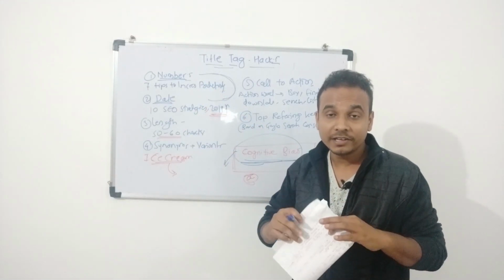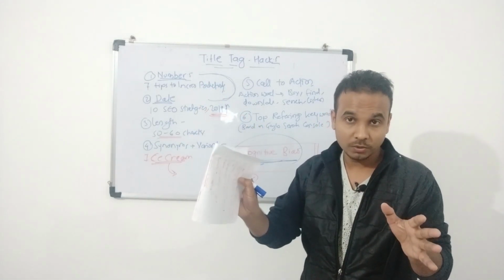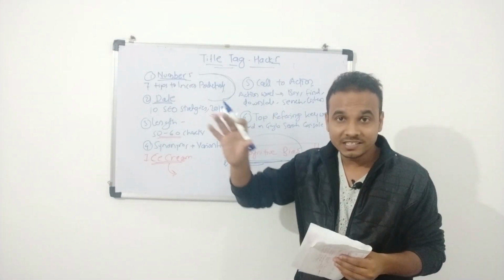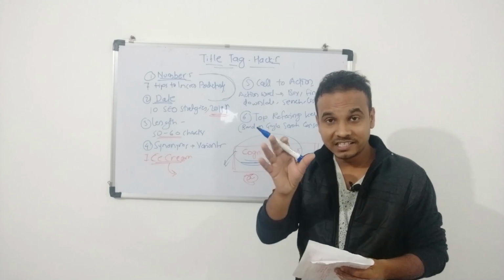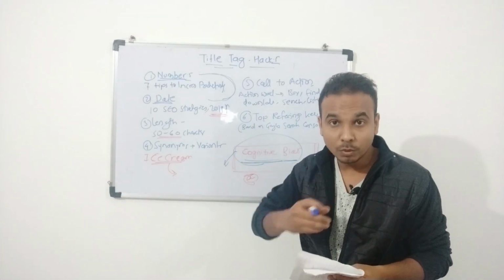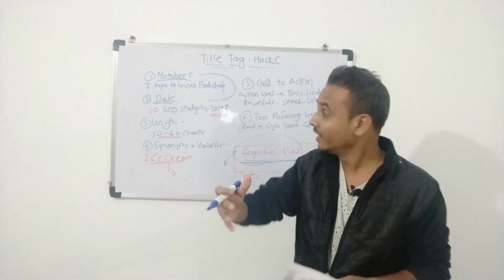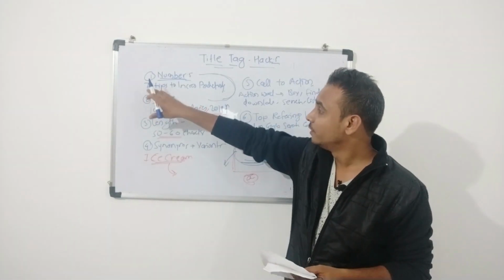If there are two titles in front of a user, one is 'tips to increase the productivity' and the second is '7 tips to increase productivity', then due to the cognitive bias, the user is more likely to click on the title which mentions 7 tips.